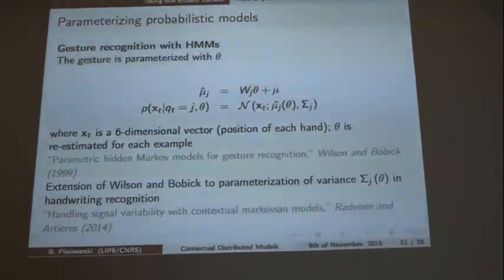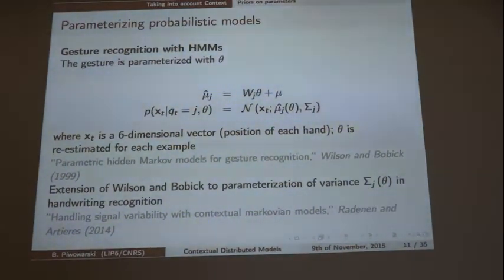Basically, what they try to model is a movement of the hands, okay, so a gesture, and each state q_t corresponds to one specific position within the gesture movement. And this state generates a distribution which is a normal centered around a mean mu_j and a given covariance matrix. And what they do is say that for a given context, for a given user, you will have a theta parameter that will be learned for this specific sequence.